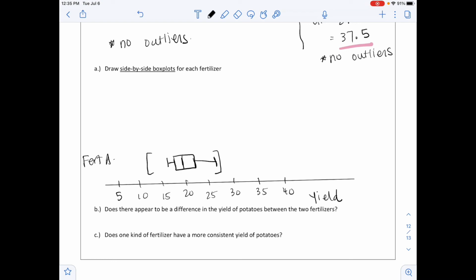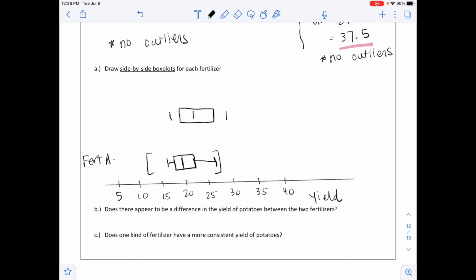So now we're going to do this again, but for fertilizer B. The 5-number summary that we have is at 18. And you're going to have this one float above the other box plot. And then at 20, and then 22.5, 27, and then 29.